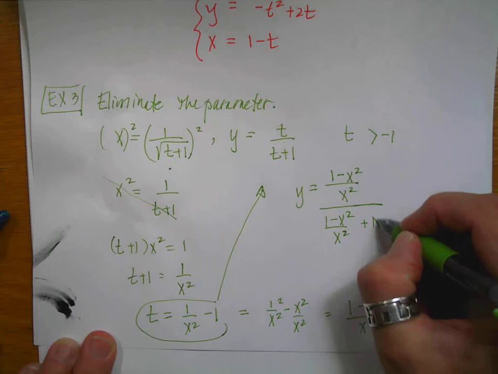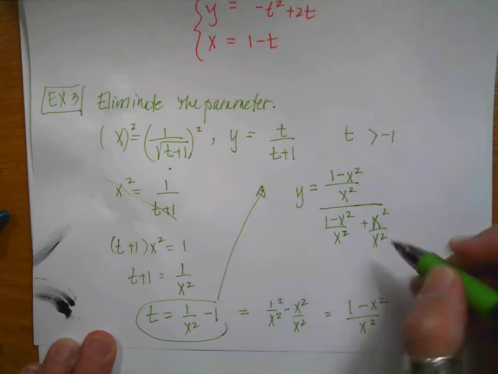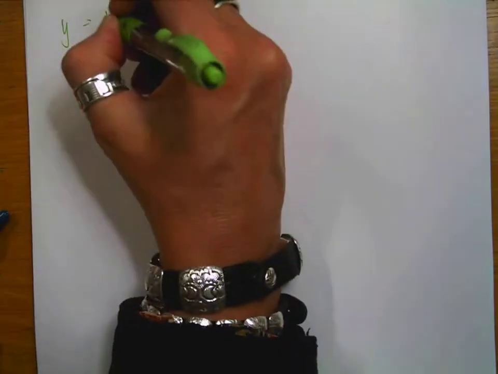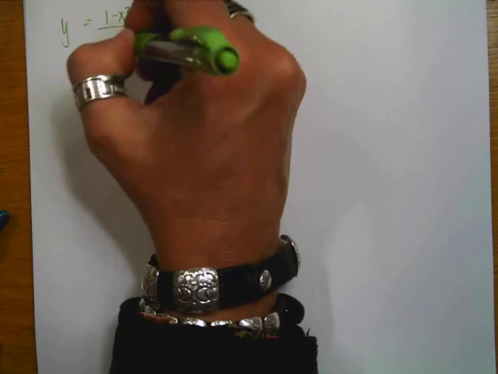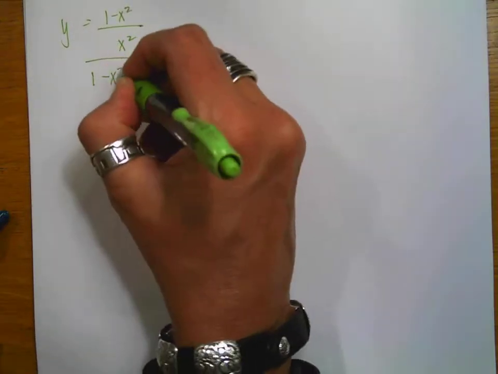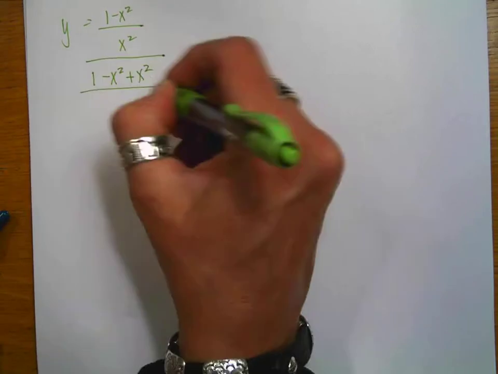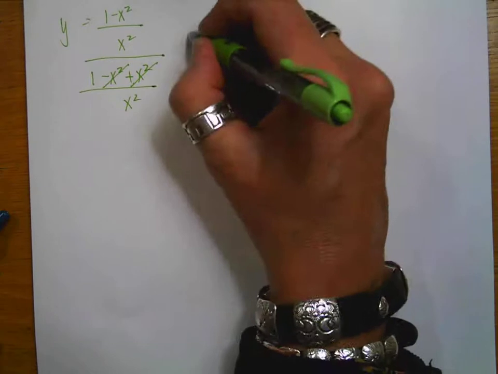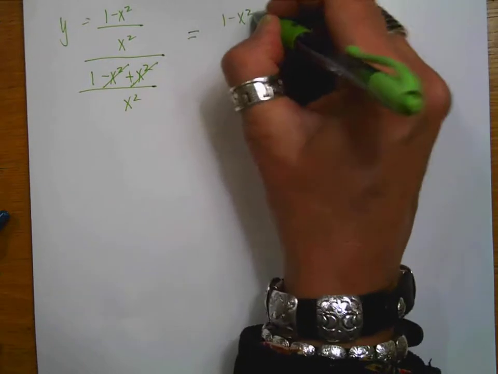I'm going to need to put the denominator together, so I'm going to multiply this guy by x squared over x squared. And so then, let me go to another page. In the numerator, I'm going to have (1 minus x squared) over x squared. In the denominator, (1 minus x squared plus x squared) over x squared. The x squareds cancel.